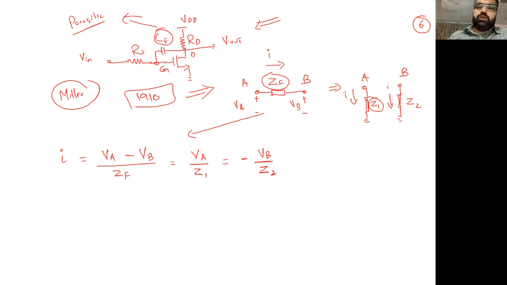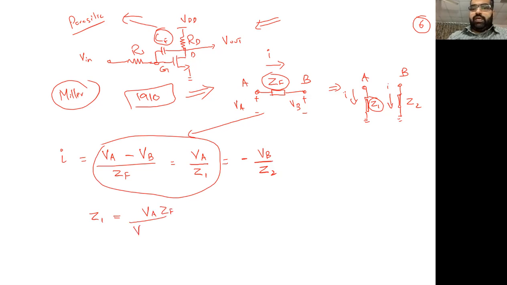If we take these two things and want to represent Z1, we can write Z1 will be equal to ZF times VA divided by VA minus VB.